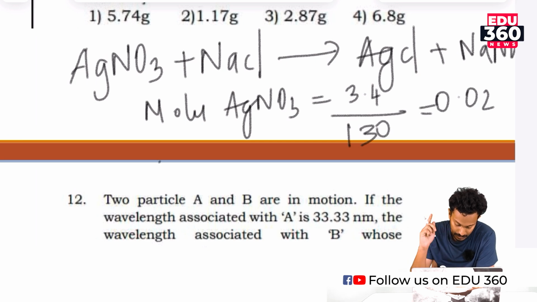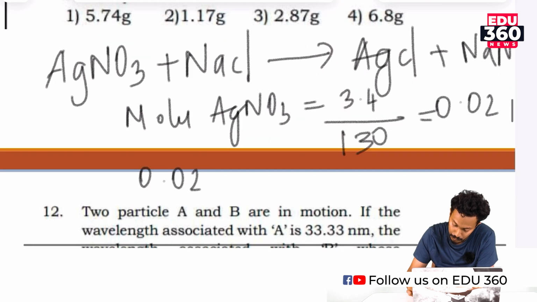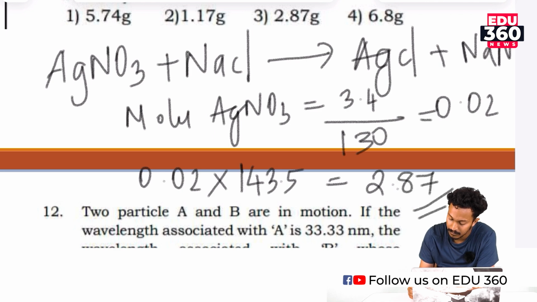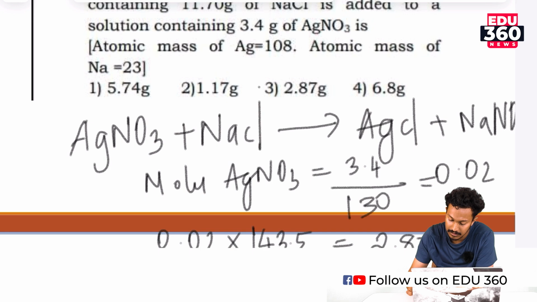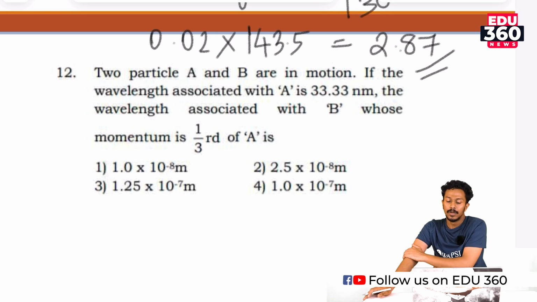And silver chloride gives 0.02, isn't it? Yes, 0.02 moles of silver chloride, multiplied by 143.5, which is 2.87. Do we have the option 2.87? Yes, it is option 3. Okay, moving on to the next question. Two particles A and B are in motion.